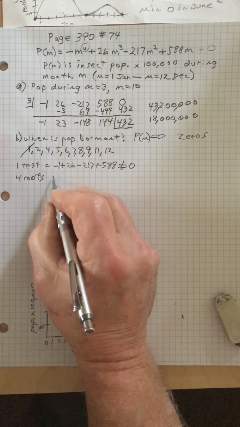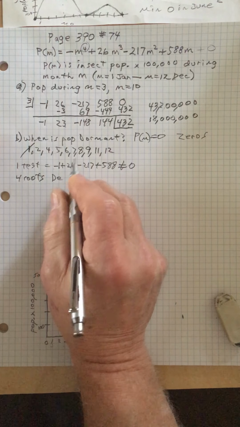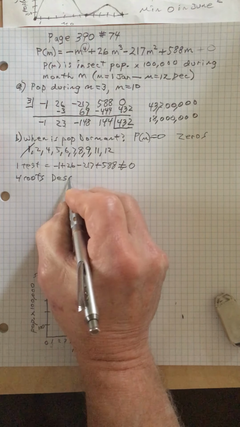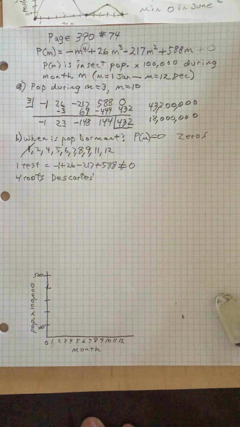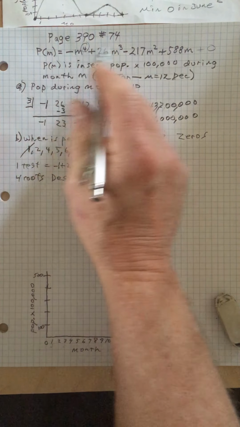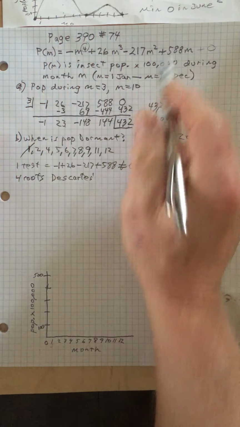It may or may not be that helpful, but let's take a look at Descartes' rule of signs. And you remember how that worked. We look at the function and we just count sign changes.